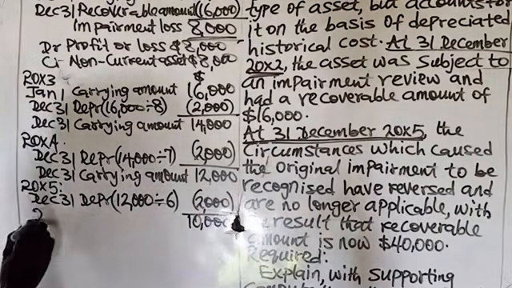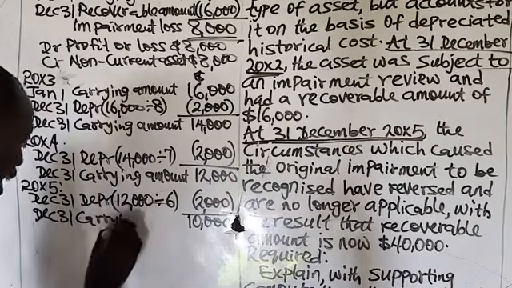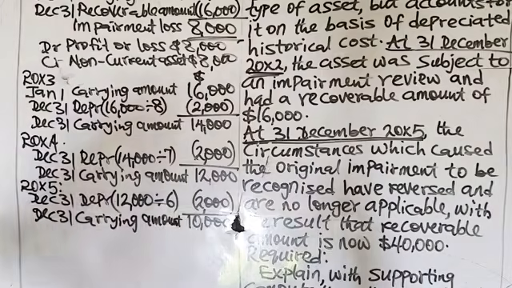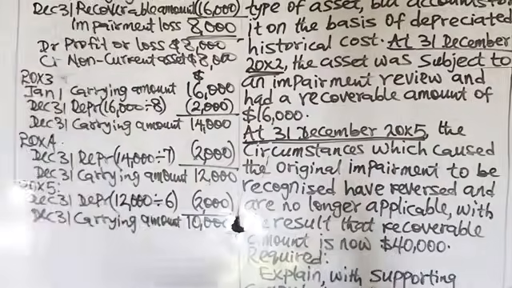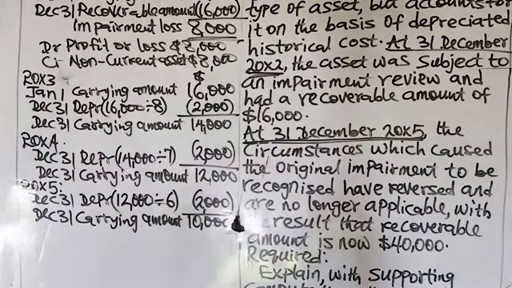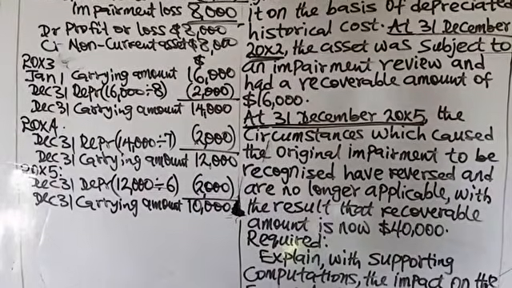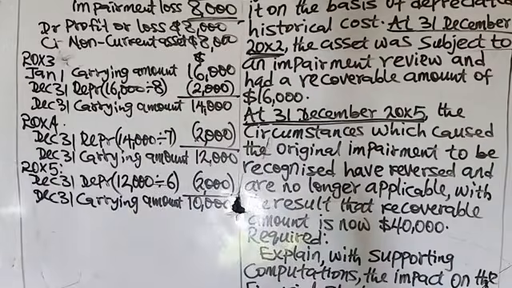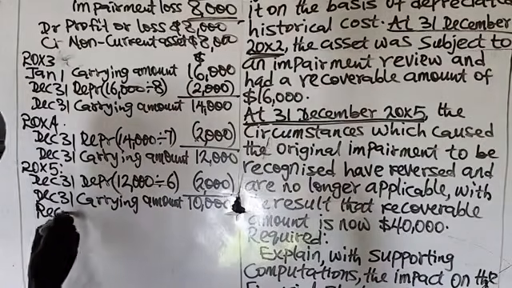That is as at December 31st, 20x5. So you have the carrying amount of 10,000. Now, as at that date, you have the recoverable amount to be 40,000. That is what you have as the recoverable amount as at December 31st, 20x5.